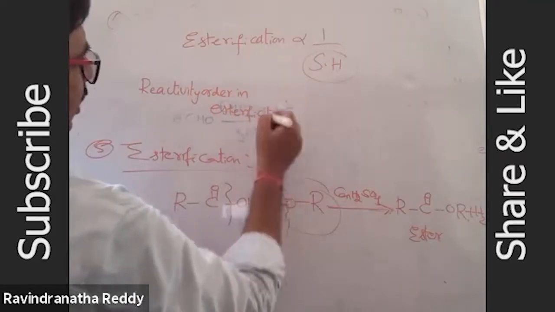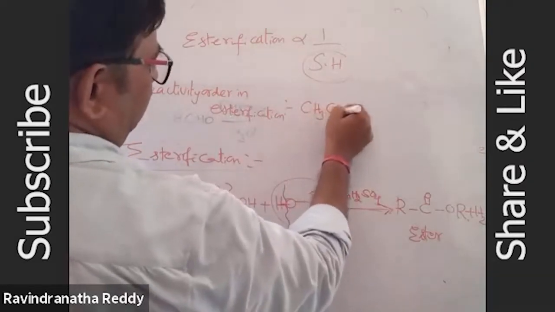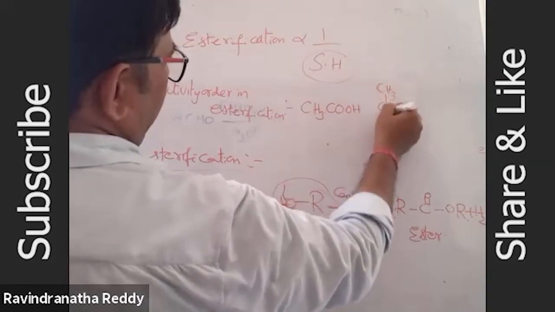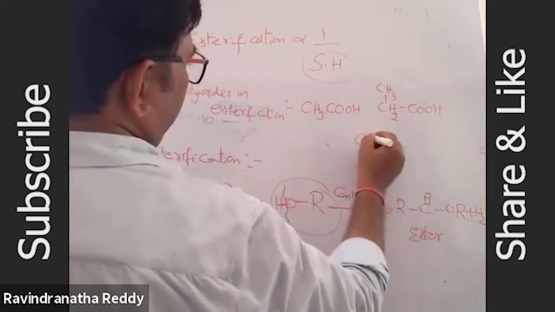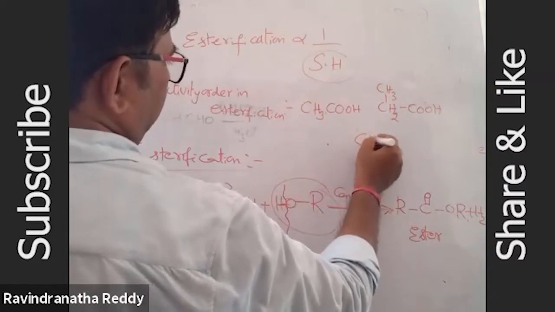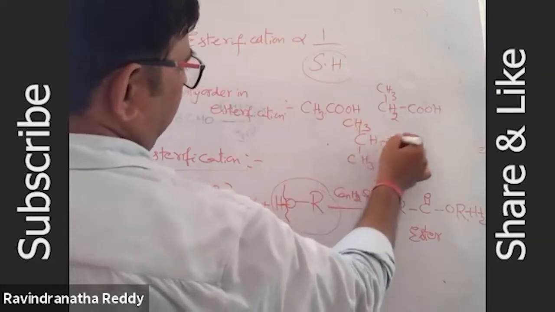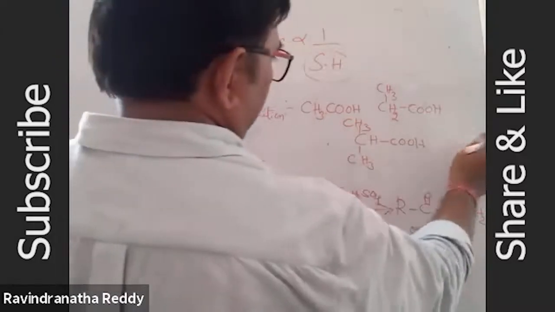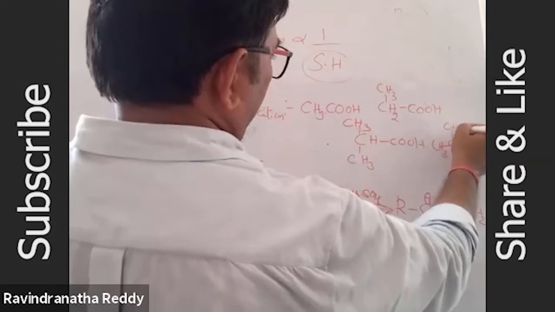Suppose we have different carboxylic acids: CH3COOH, next CH3 taken twice with COOH, next C with three methyl groups, COOH.